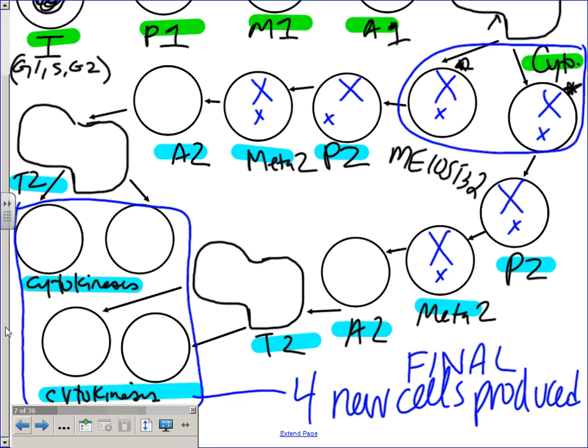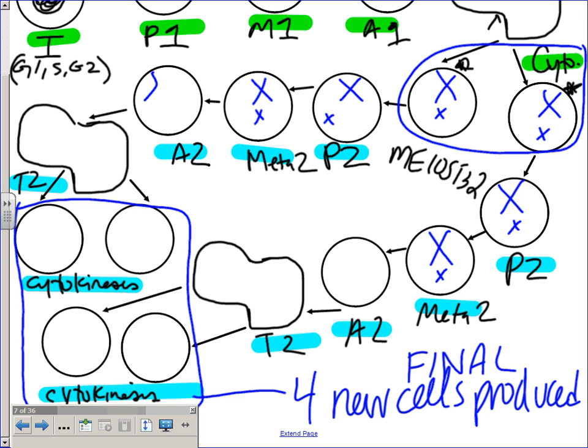All right, what happened in anaphase? We had our stuff in the middle, and it split. What is split? Use your words. If metaphase 2 of meiosis 2 looks just like mitosis, then what is split? The two sister chromatids. Thank you.